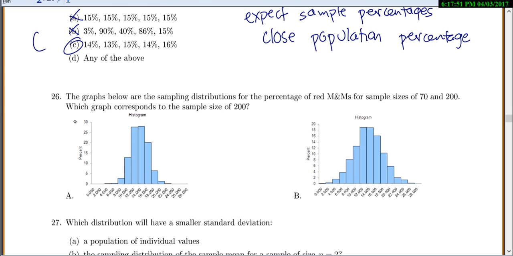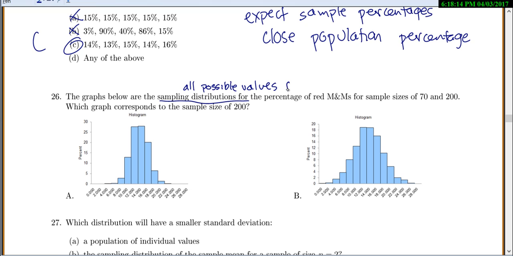On 26, the graphs below give the sampling distributions. Now, sampling distributions means all the possible values for the percentage of red M&Ms. So kind of again talking about those red M&Ms.